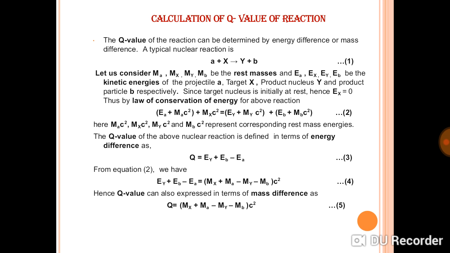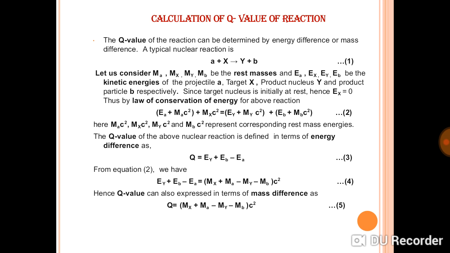Let us consider Ma, Mx, My, Mb be the rest masses and Ea, Ex, Ey, Eb be the kinetic energies of the projectile A, target X, product nucleus Y and product particle b respectively. Since the target nucleus is initially at rest, the kinetic energy of the target nucleus Ex is equal to 0.